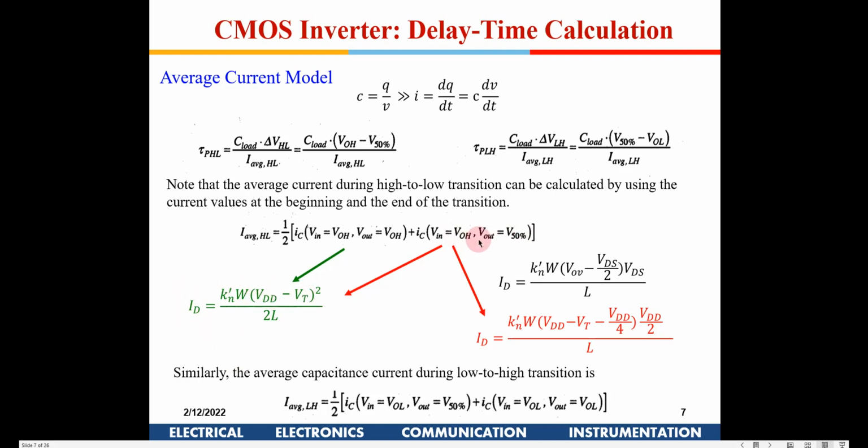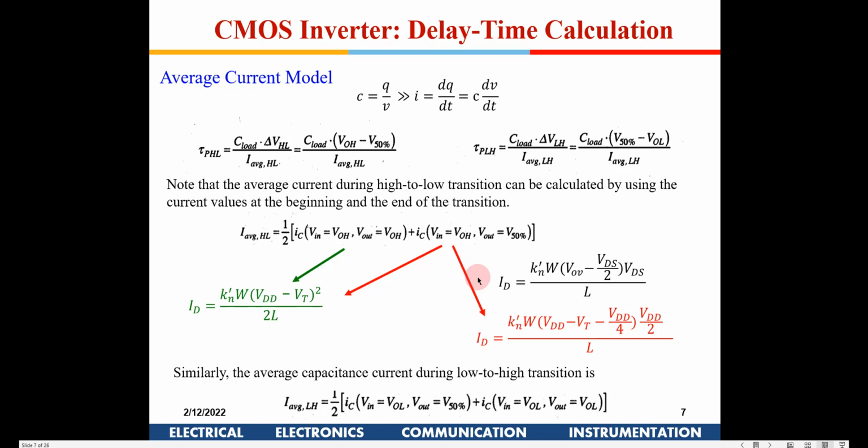What about the second current? Whether the transistor will be in saturation or in linear region, we need to see and then accordingly use the current equation. The transistor might be in saturation or in a linear region.